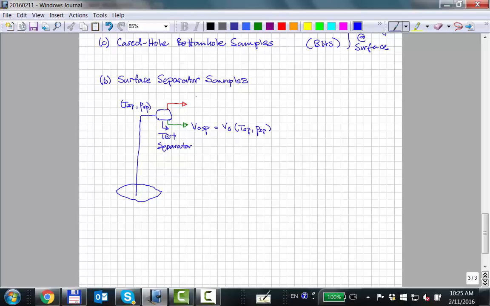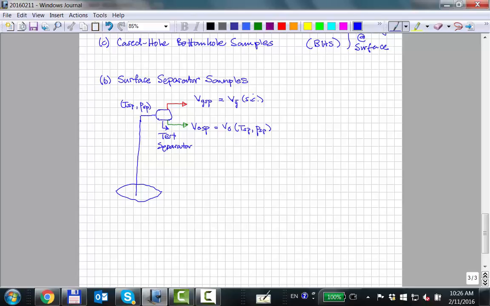And the gas volume is actually a gas volume at standard conditions. Okay? They don't measure the physical volume at separator conditions. They report it as volumes at standard conditions. It's actually an orifice meter. It measures, I think, mass, and then they convert the mass to a standard volume.